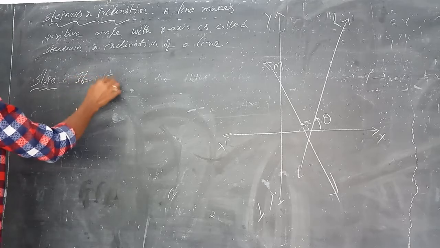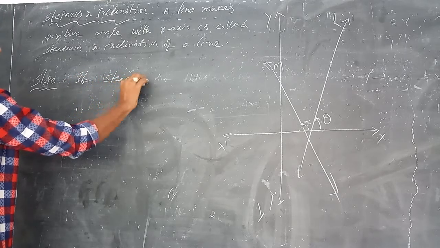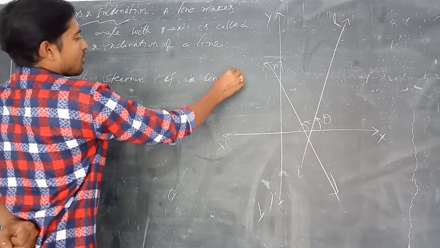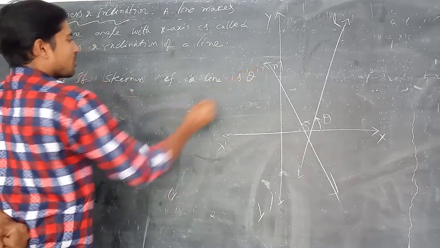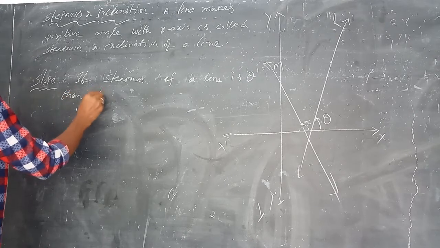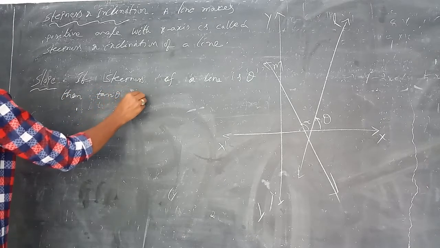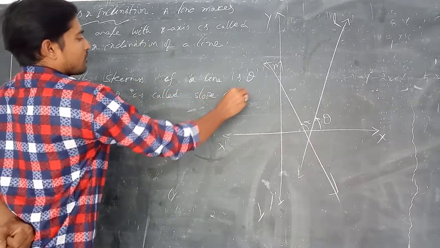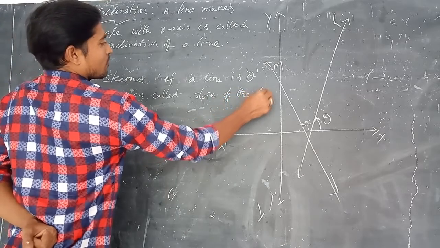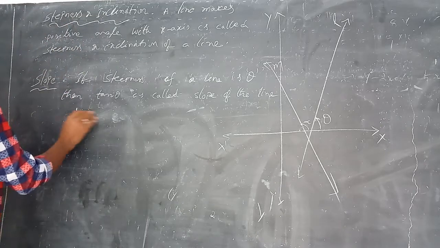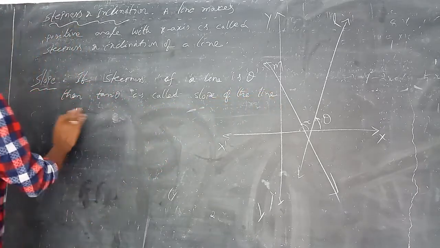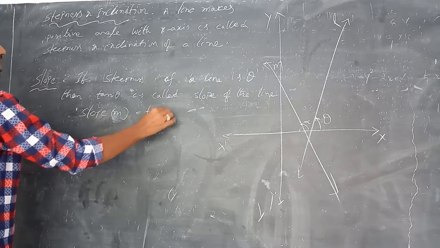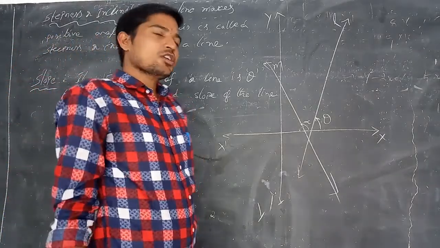If the steepness of a line is theta, then tan theta is called the slope of the line, which is denoted by m. Slope m equal to tan theta.